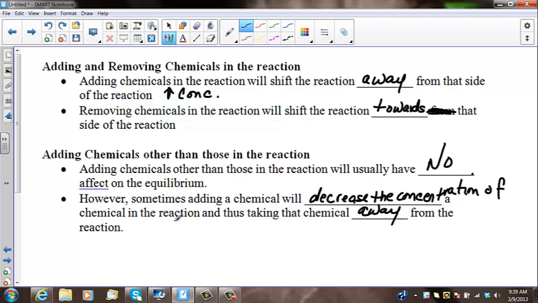So sometimes we might add a chemical to a reaction and it has a subsequent reaction with something in the reaction already. So it draws that substance out. So then it acts like you're decreasing something and then it will shift toward the decrease.